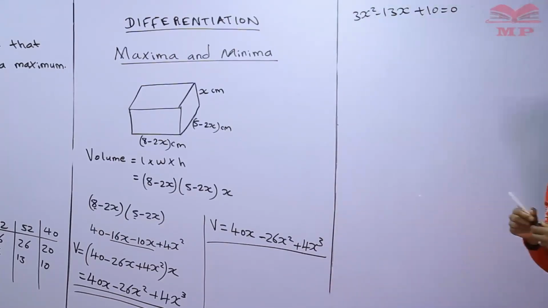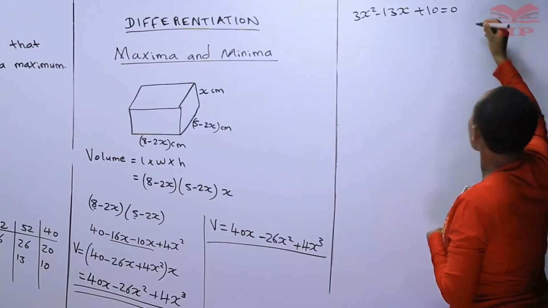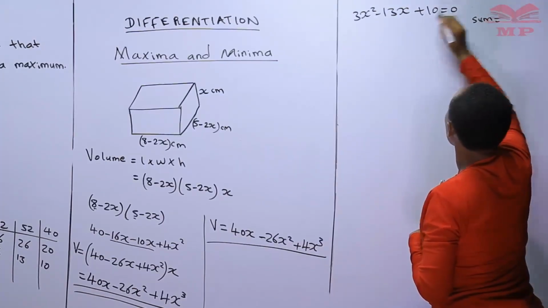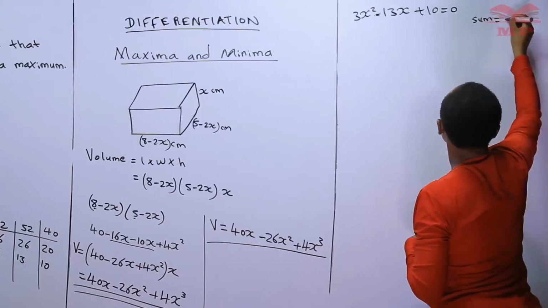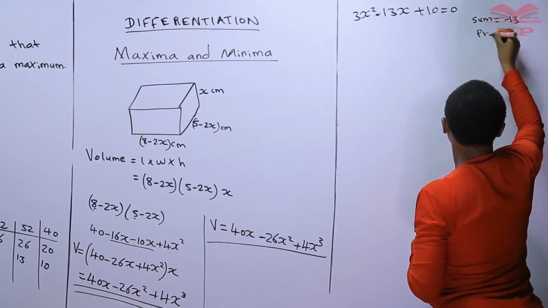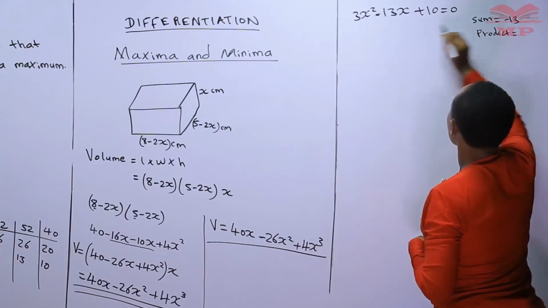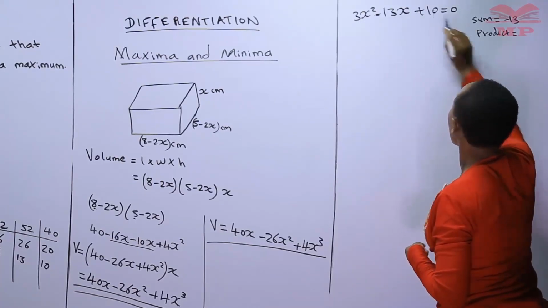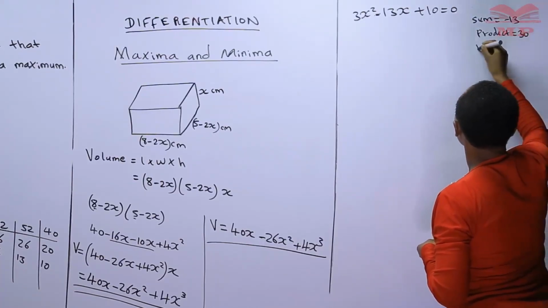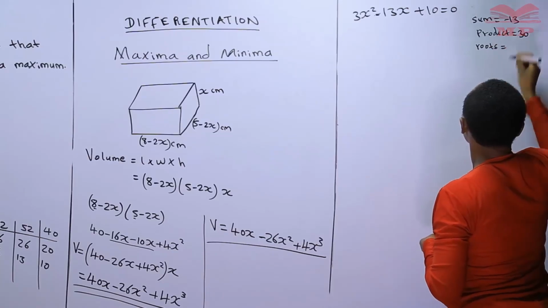We can use one method of solving quadratic equations whereby we get the roots. In this case, our sum is negative 13 and our product is a times c, which is 3 times 10, that is 30.